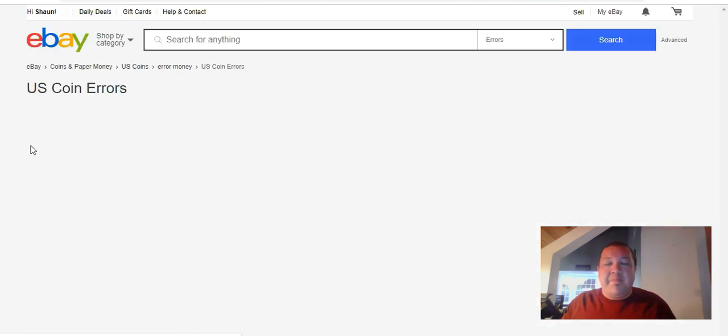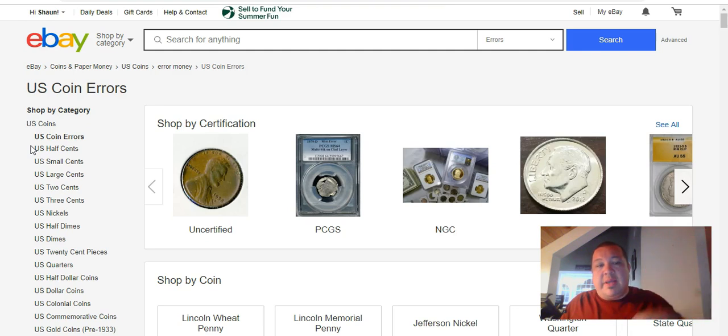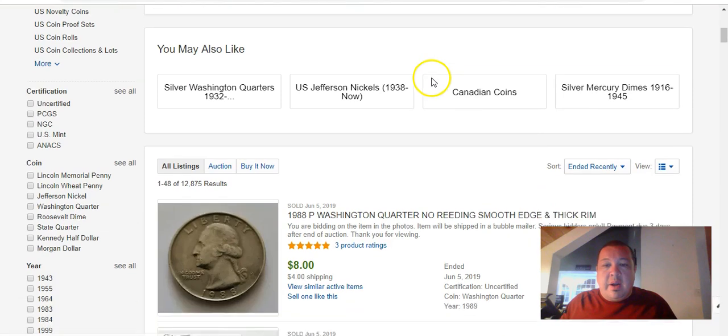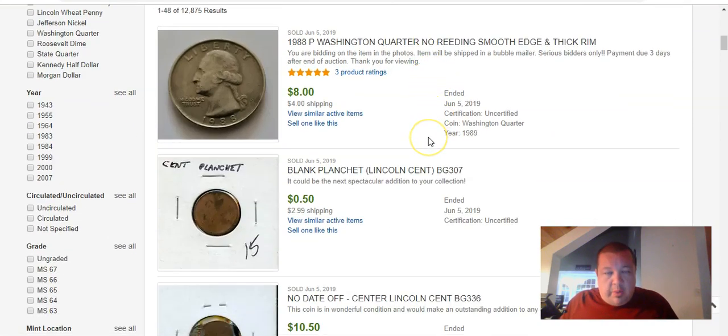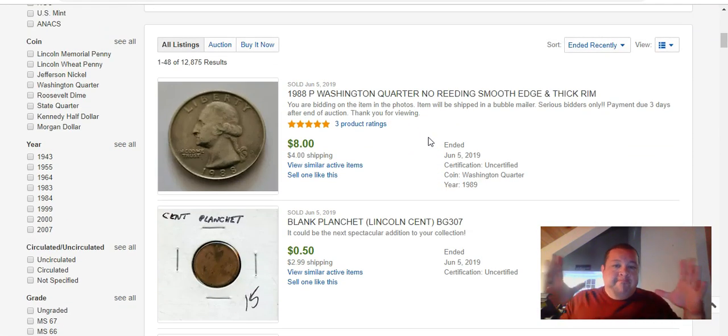We're going to click that. And when you click that, it's automatically going to take that action and throw it in there. There we go. As sold coins, and you could tell it's sold because it's in green. All right, so everything that's in green has been sold.